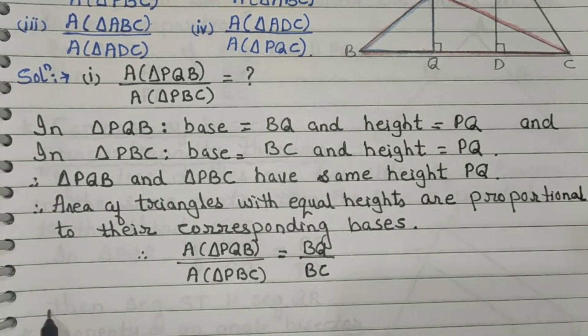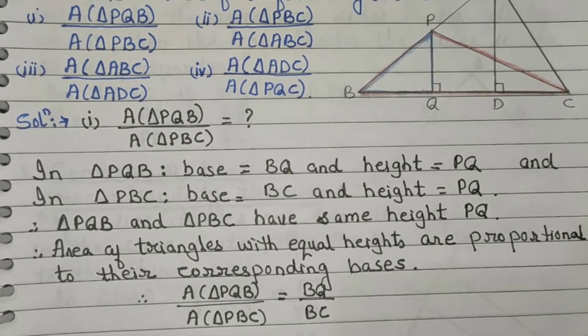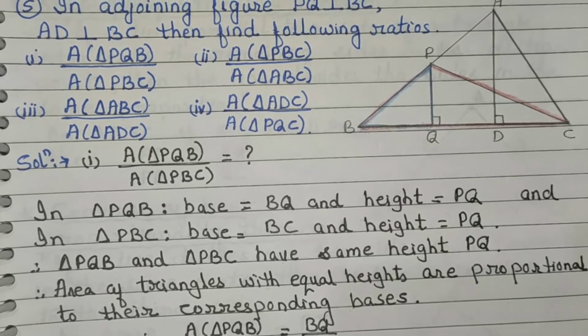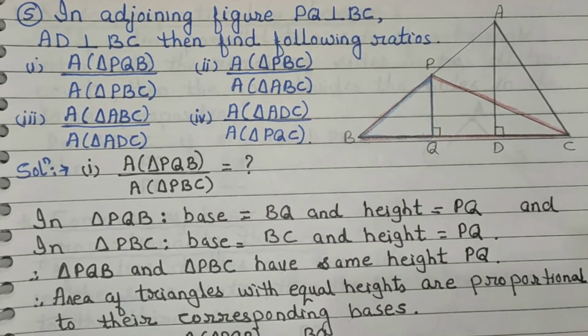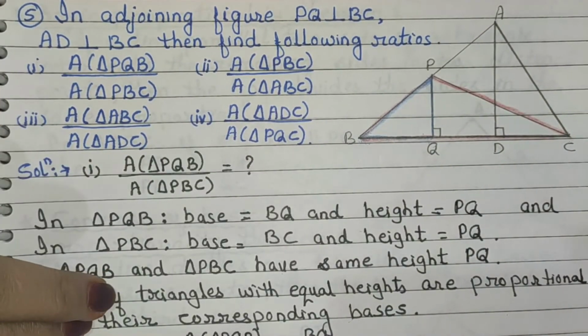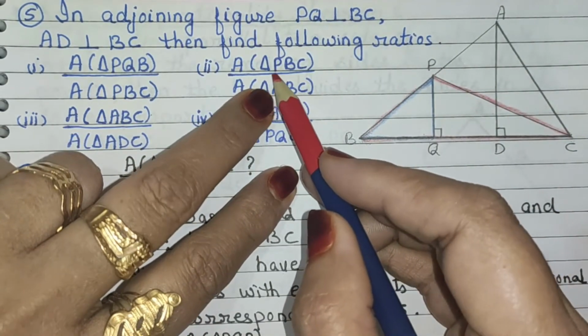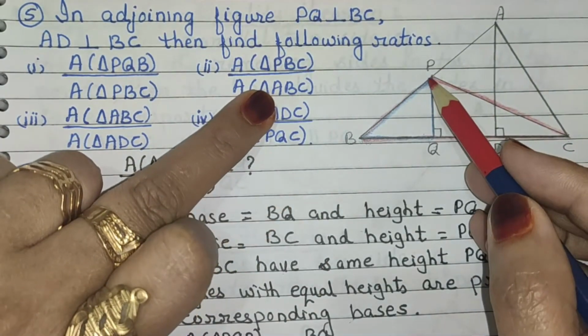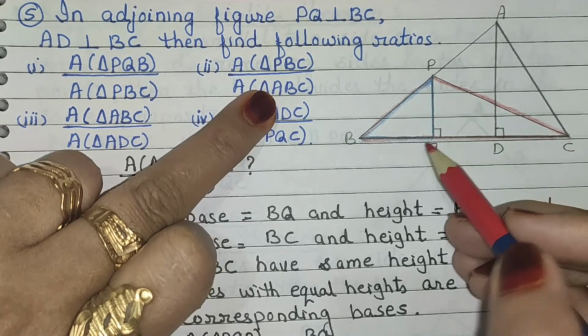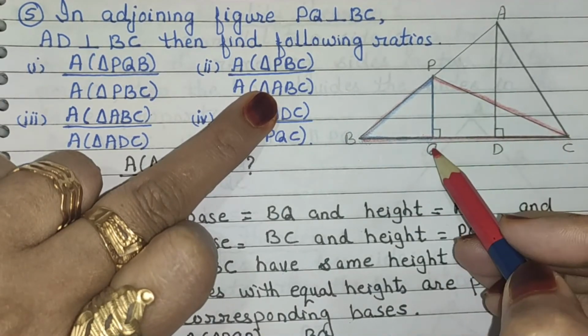Now second. Second question is area of triangle PBC upon area of triangle ABC. Now look at here. Triangle PBC: the base is BC and height is PQ.